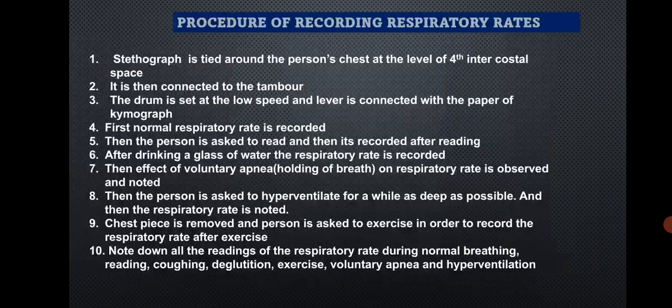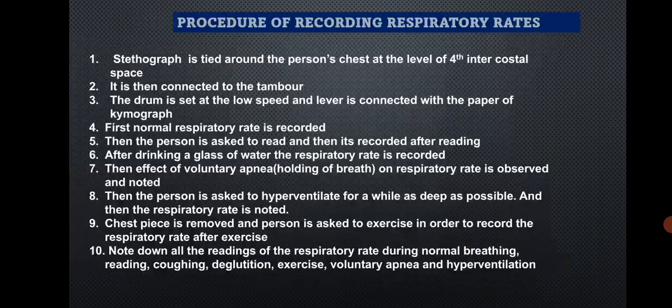Now, what is the procedure of recording respiratory rate? First of all, the stethograph is tied around the person's chest at the level of the fourth intercostal space, and then it is connected to the Marey's tambour. The drum is set at low speed and the lever is connected with the paper of the kymograph.